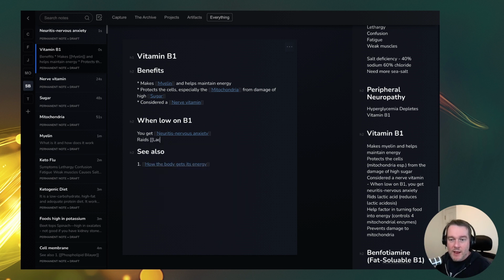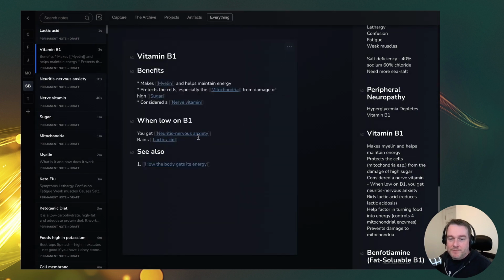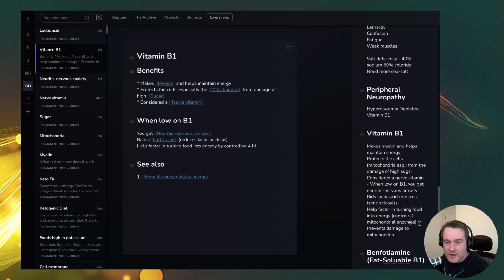It clears lactic acid and reduces lactic acidosis, and helps as a factor in turning food into energy by controlling four mitochondrial enzymes.